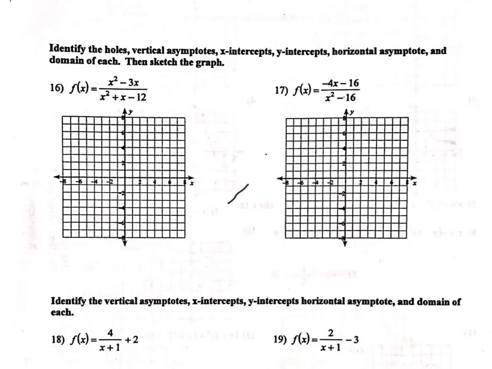Then sketch the graph. So I'm going to focus on those critical values that we need for each one of these graphs. You could be asked any combination of questions from these graphs, and this is why I'm covering both of them thoroughly on this review.